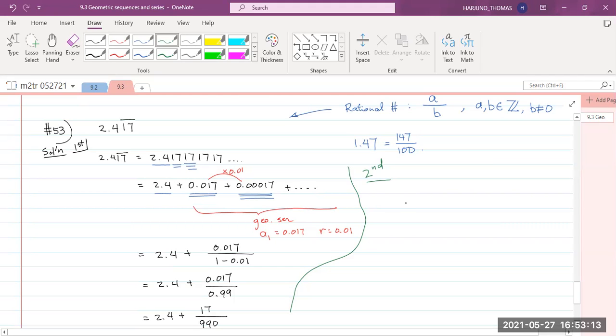Let's call this x equals 2.4171717 and on. Notice that it repeats every two numbers, right? So if I multiply both sides by 100, the decimal point will move twice to the right.